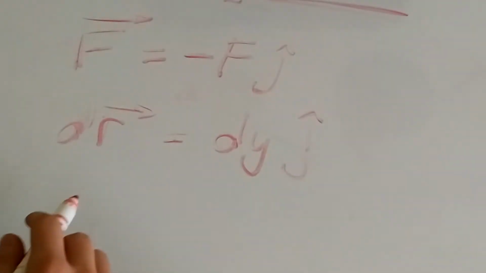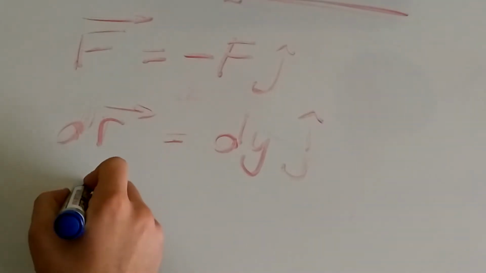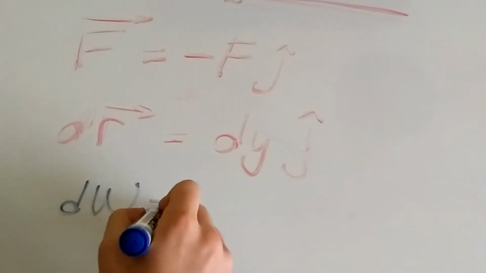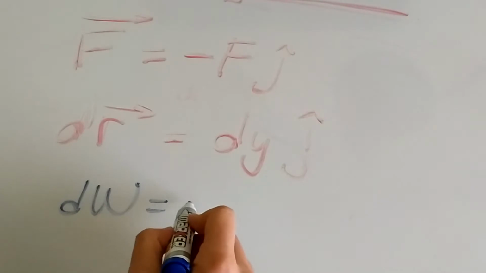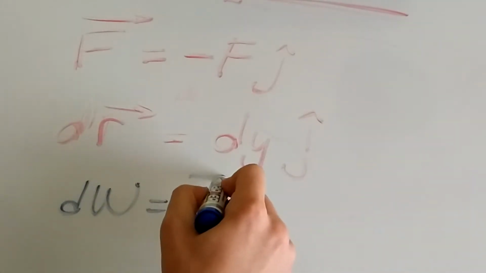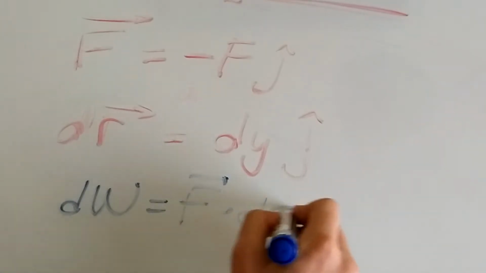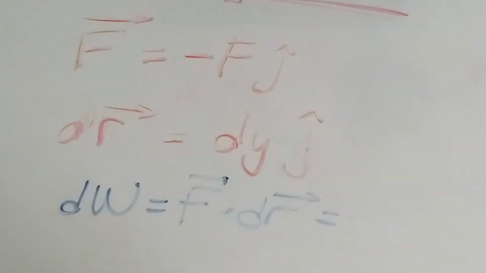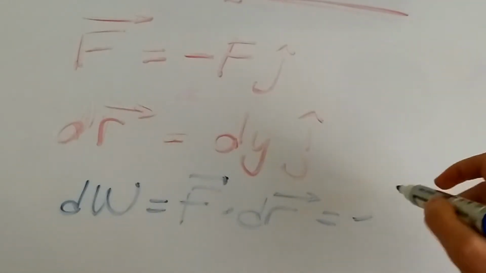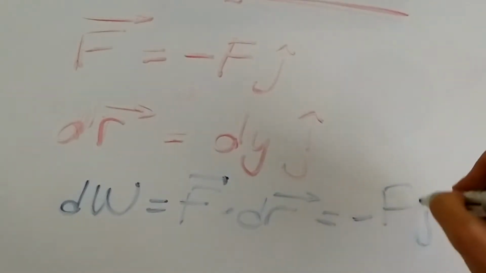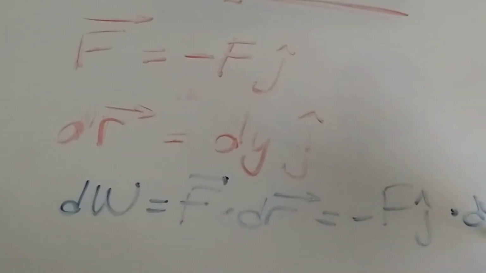And then if you want to calculate the work done on this system, we can say that dW is going to be equal to the force vector F times dr, which equals minus F j times dy j.